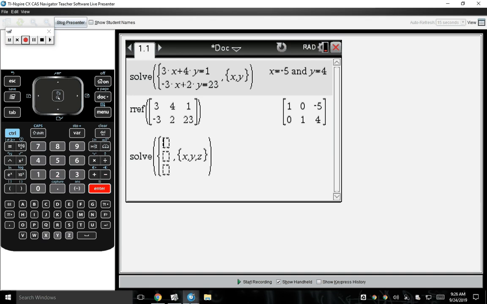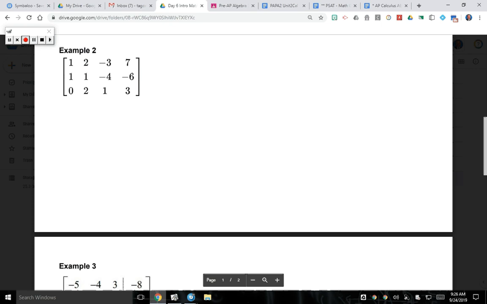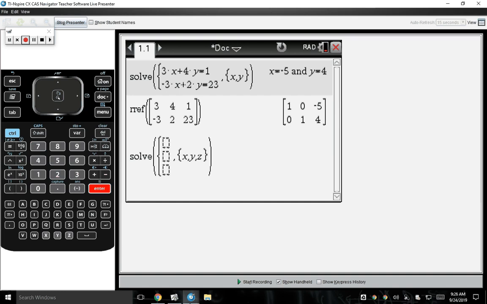Now look at my original matrix. You guys have it in your notes. My original matrix is this. And I want you to imagine that these are x, y, and z's. Okay? So the first one would be x plus what? 2y minus 3z equals what? 7. Now go down.